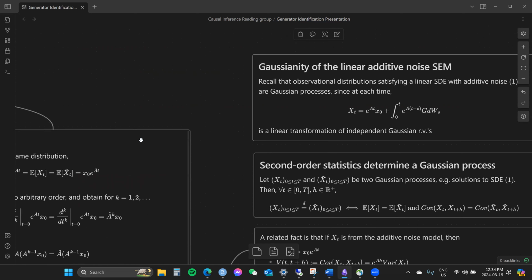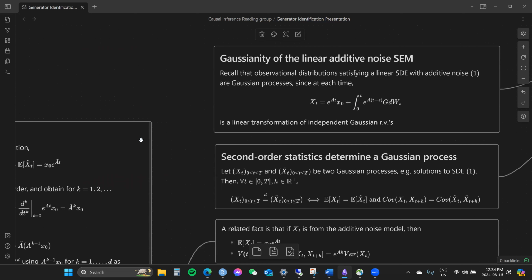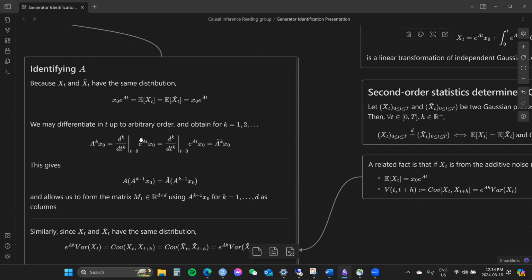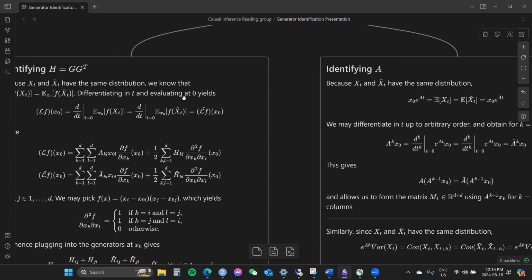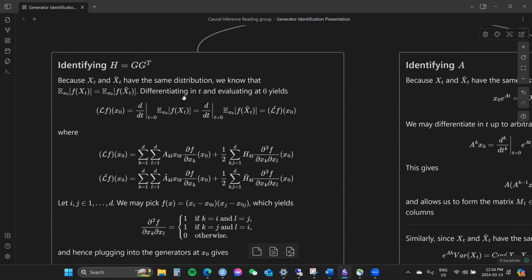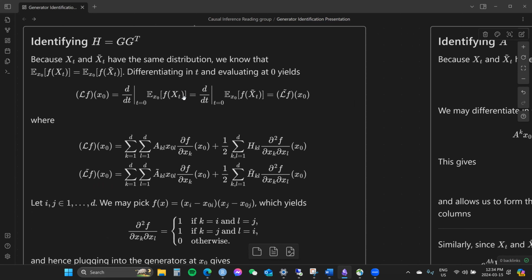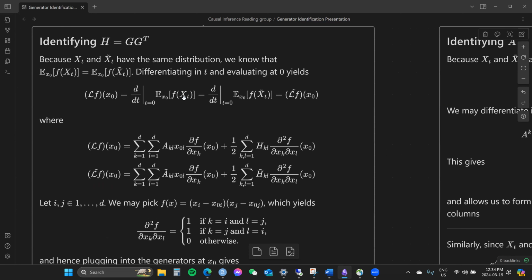Okay, so the key thing is that if you have the same distribution, maybe I'll start with this one. You have to identify both parameters. The key thing is if you have the same distribution, you'll certainly have the same statistics. And what they'll be doing is there's going to be three main steps.